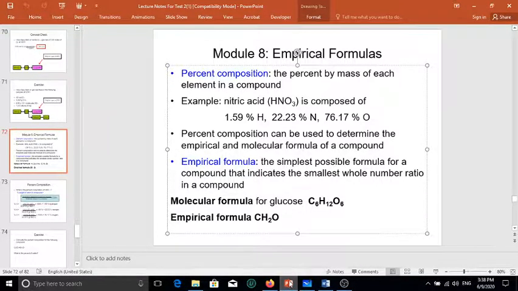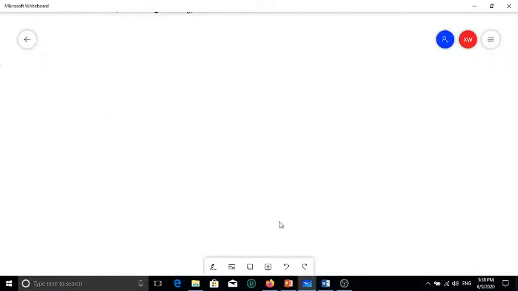Now I want to bring to your attention that sometimes compounds have an empirical formula which is the same as the original or actual formula. Sometimes it doesn't.